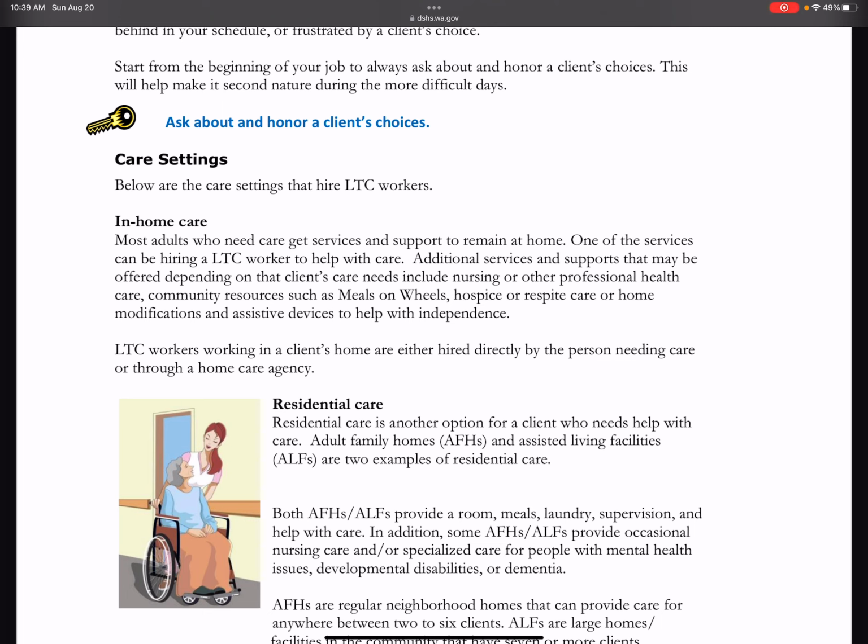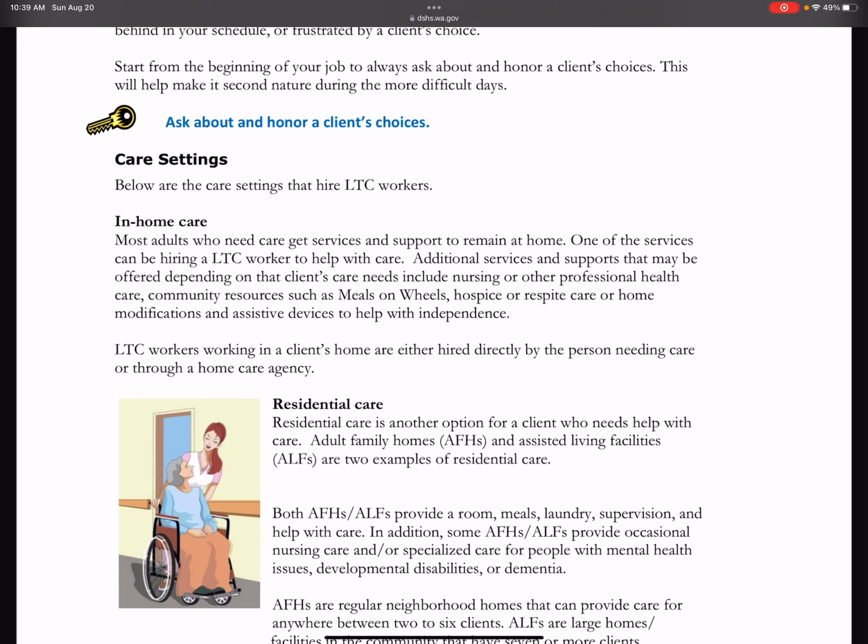Depending on where you work, home care aides work in different settings. The first one is in-home care. That means most adults who need care get services and support to remain in their own home. If a person has the financial ability and doesn't want to go to an adult family home or assisted living, they stay in their home, and a caregiver goes to their home and gives them care.